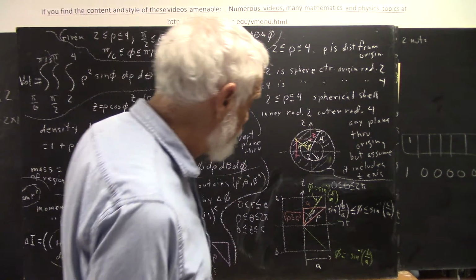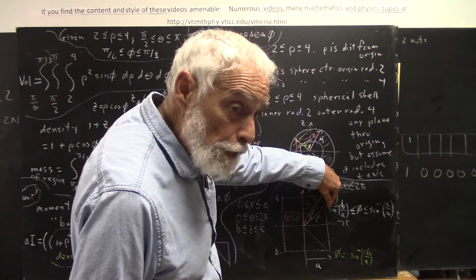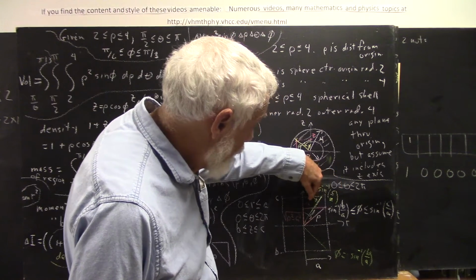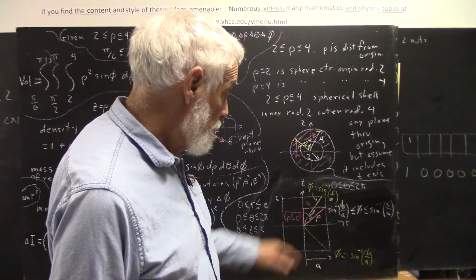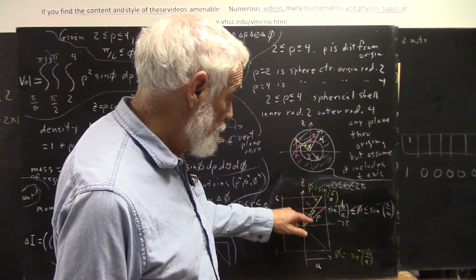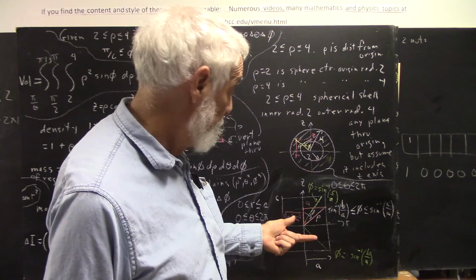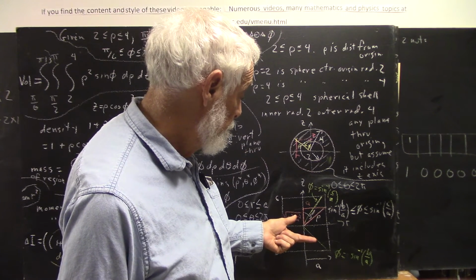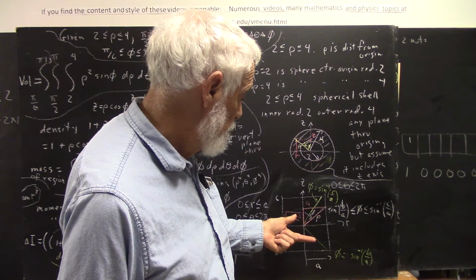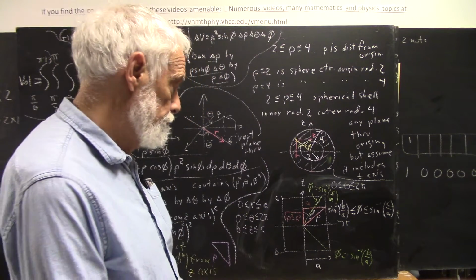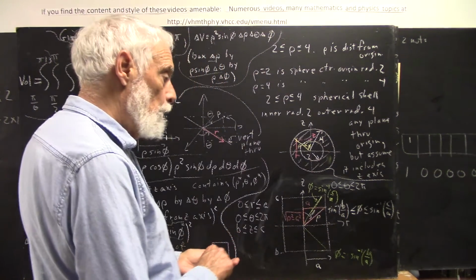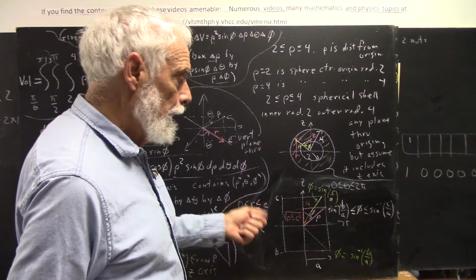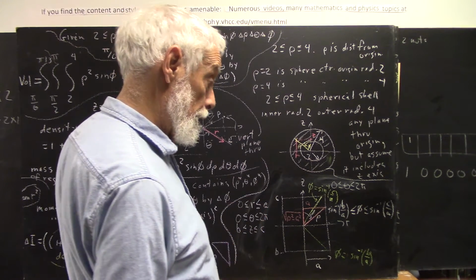The question is, how does the value of rho here depend on the value of a and the value of phi? Well, it should be clear that rho times the sine of phi will equal a. So rho sine phi equals a, which means that rho equals a divided by sine phi.